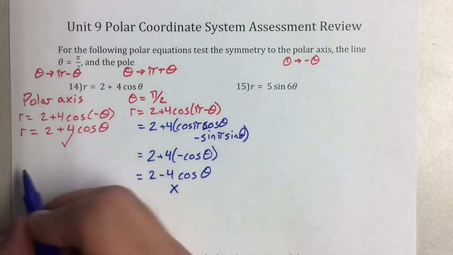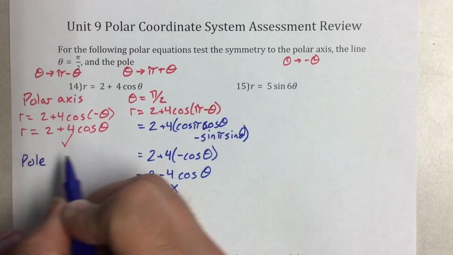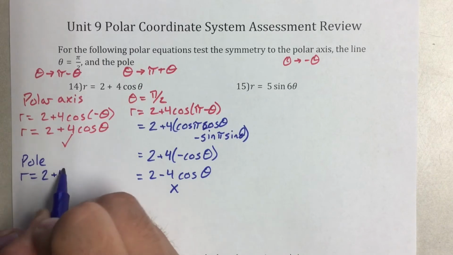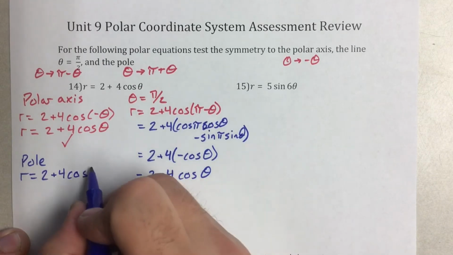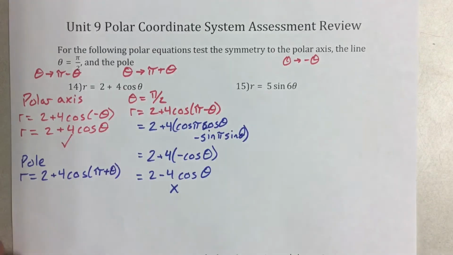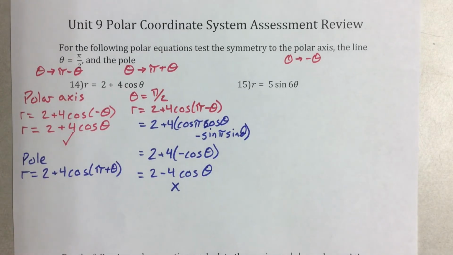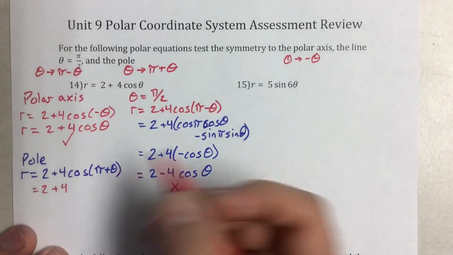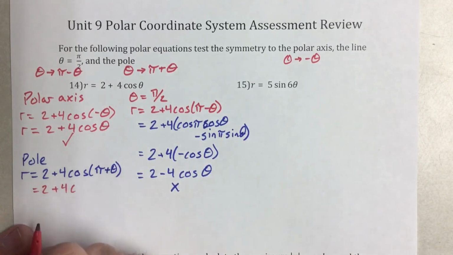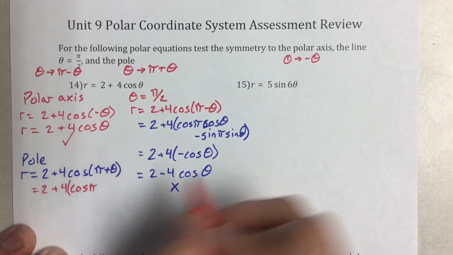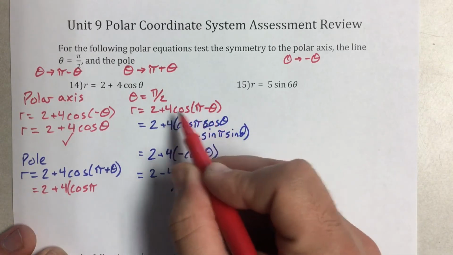So looking at the pole now. The pole is where we substitute theta with pi plus theta. Now we have the cosine sum identity. So we got 2 plus 4, let's see, cosine pi, oh my goodness, up here, guys, cosine difference.